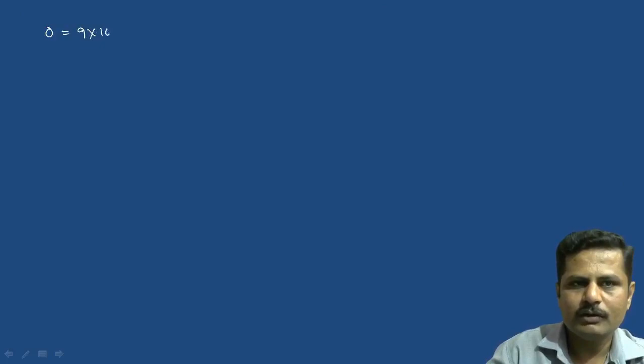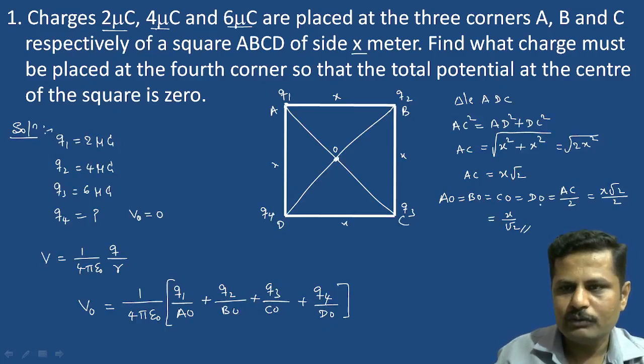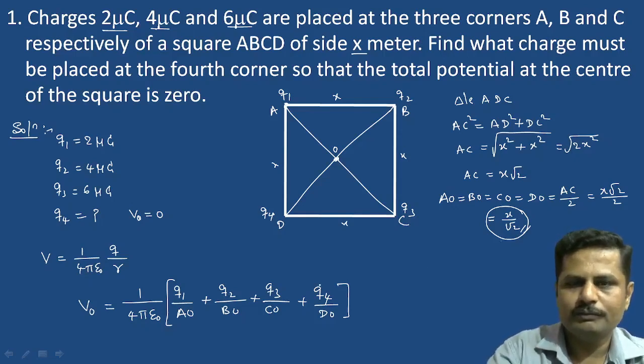And here we know that Q1 equals 2 microcoulomb, that is 2 into 10 to the power minus 6 divided by x by root 2, because we have seen that AO, BO, CO, DO equal x by root 2. So wherever we have AO, BO, CO and DO, there we can substitute x by root 2 and Q2, Q3, so that we can find out Q4.